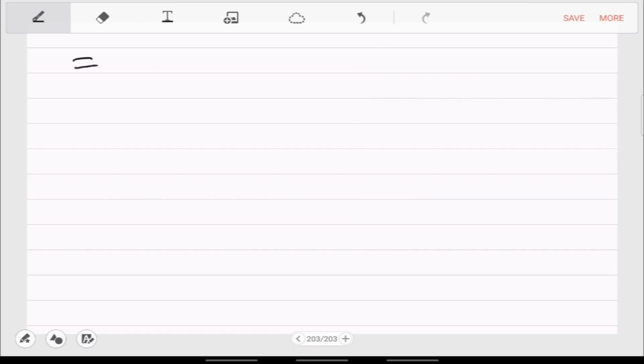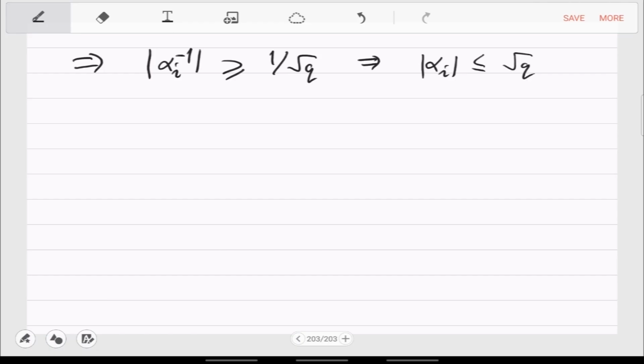So this is now telling you about alpha I inverse. So that is greater than or equal to 1 over square root q, which means that alpha I is less than or equal to square root q, which implies that for all I from 1 to 2g, the norm is exactly square root q.